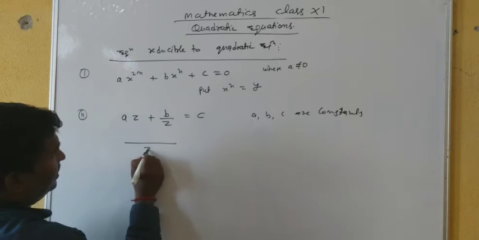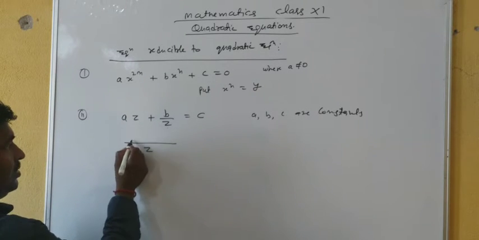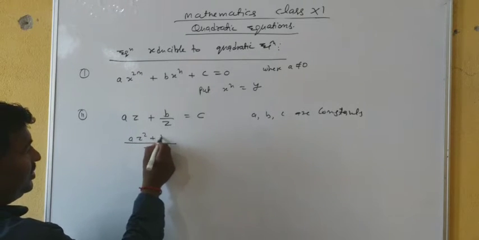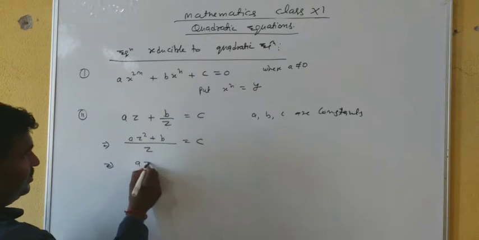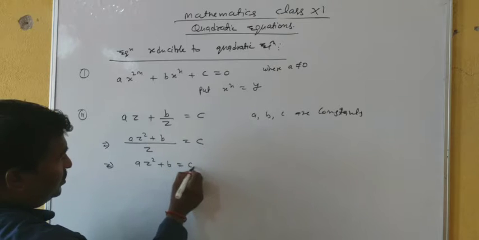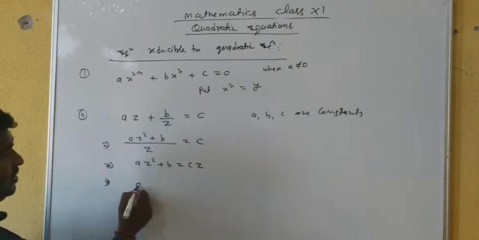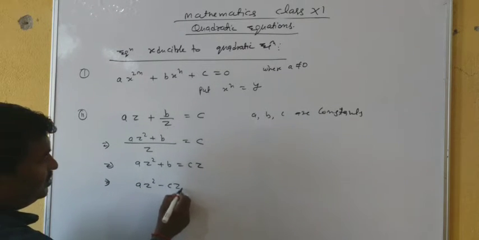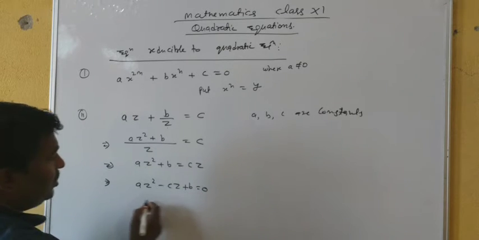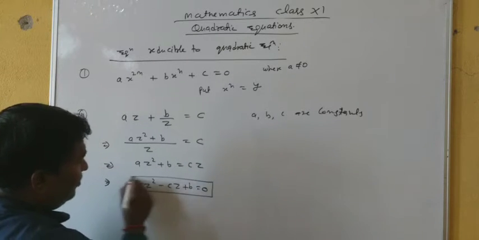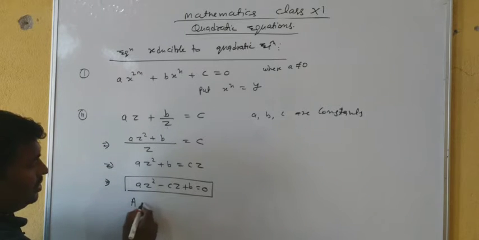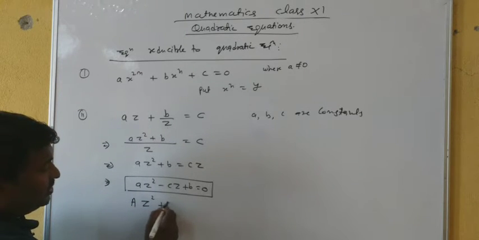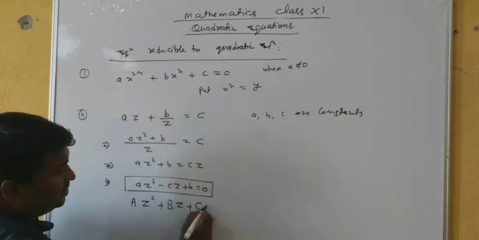Simply by taking LCM. First of all, here a z square plus b is equal to c z. It implies that a z square minus c z plus b is equal to 0. Now see, compare this equation with the standard quadratic equation, taking capital letters A z square plus B z plus C is equal to 0.